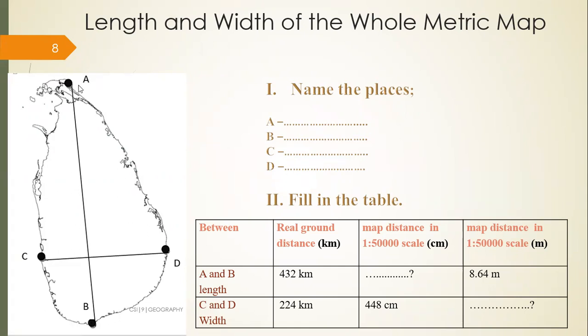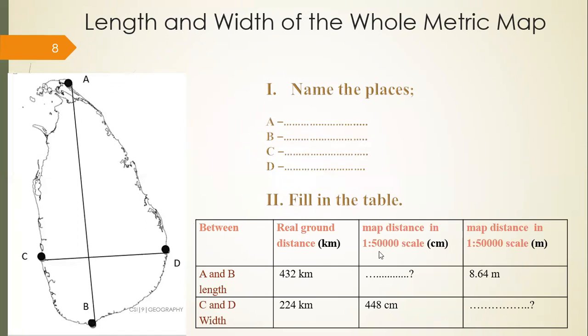A is Point Pedro, B is Dondra Head, C is Colombo, and D is Sangamankanda Point. If you find A to B length, already it has been found as 432 kilometers, the length of the country. Then C to D, the width of the country is 224 kilometers.